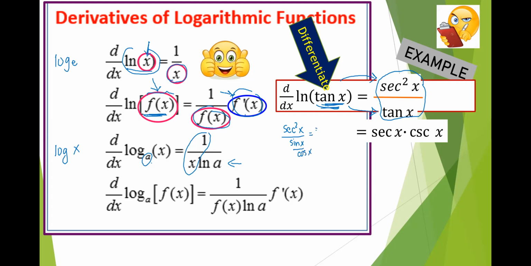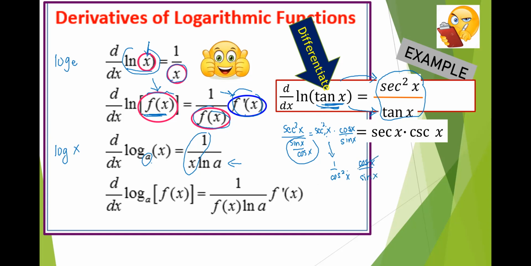So, we can actually express this as secant squared x, tapos multiply this by the reciprocal of our divisor, that will be cosine x over sine x. Kaya lang si secant squared x is 1 over cosine squared x, tapos meron kang cosine x over sine x.